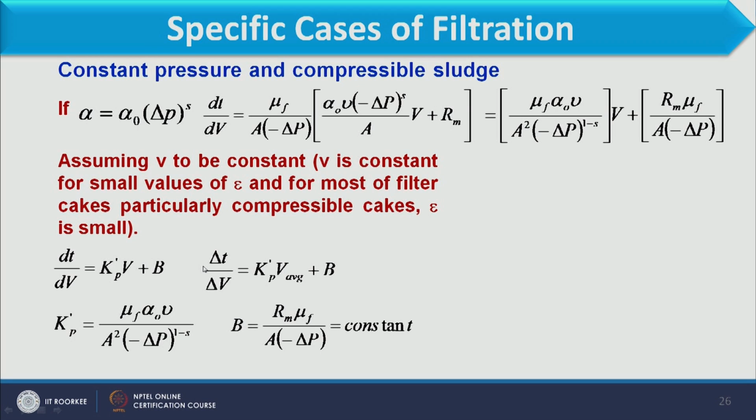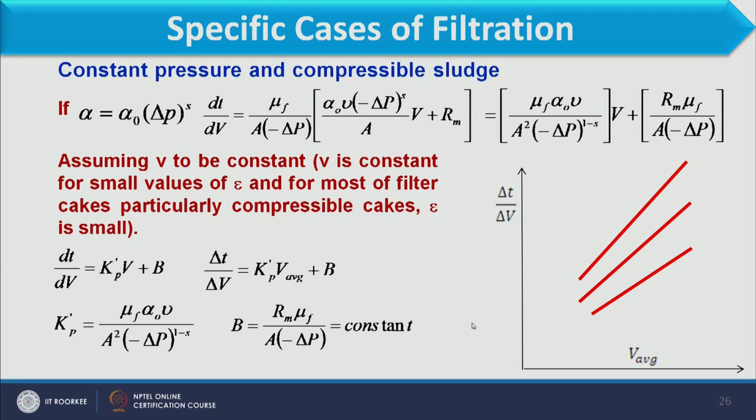So again you see delta T by delta V would be a function of V average, which we can define like this. Here you see a single expression is there, but we have three lines. Why we have three lines is because of different pressure drops. Here we have considered constant pressure drop.